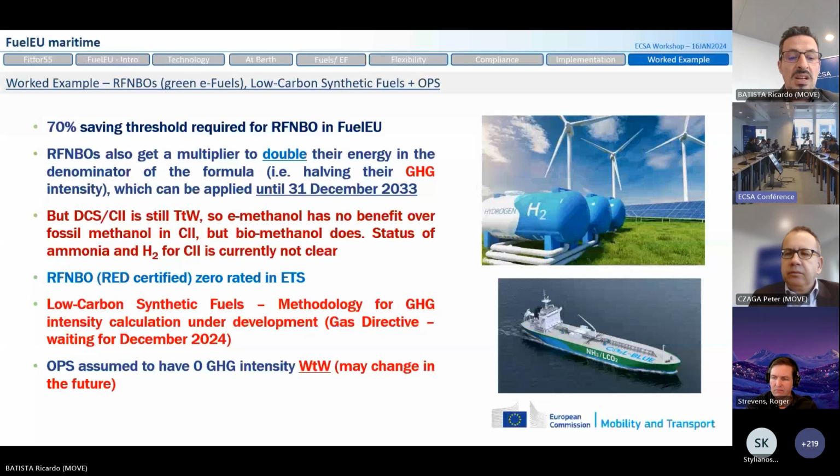The status of ammonia and hydrogen for CII is currently also not clear. In terms of RED certified RFNBOs, just like with RED certified biofuels, ETS rates them as 0. Again, here it is different in the context of FuelEU. We give the exact well-to-tank value to these fuels, so they will be merited as a function of their potential in greenhouse gas intensity reduction.